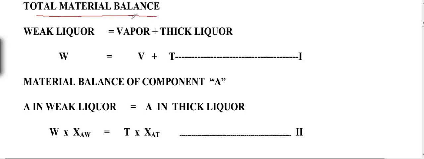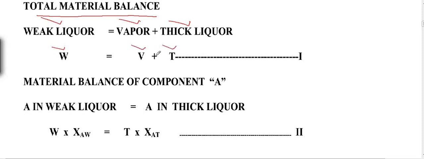In this block diagram there is only one input, the weak liquor, and two outputs, the vapor and the thick liquor. So the total material balance equation is W equals V plus T.